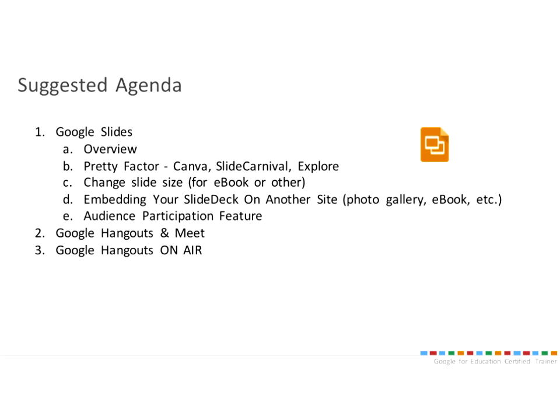And then looking at how to use Google Slides to create ebooks or different formats, and embedding these onto other websites, either as photo galleries or as an ebook. Then we'll talk about the audience participation feature that is fairly new in Google Slides. Then we'll look at Google Hangouts and Google Meet, which is new. And then we'll look at Google Hangouts on Air.